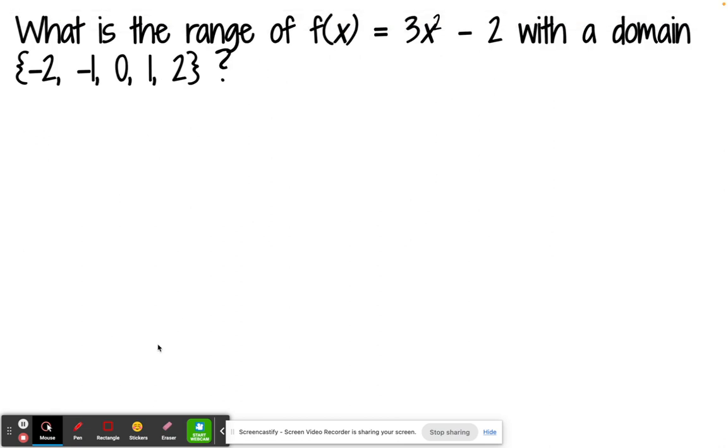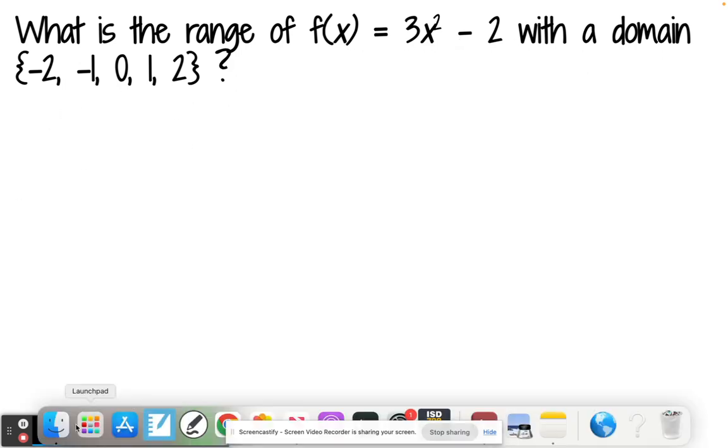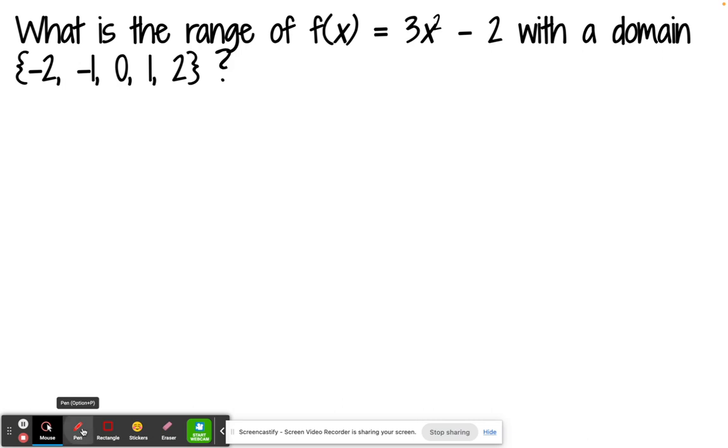Okay, let's look at this. What is the range of f of x equals 3x squared minus 2 with this domain? What that's saying is if we use these values for x, what will be my output?